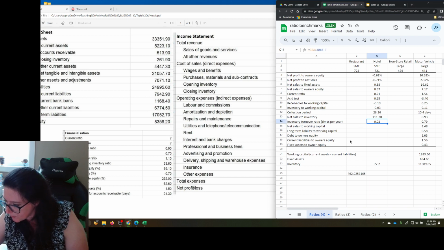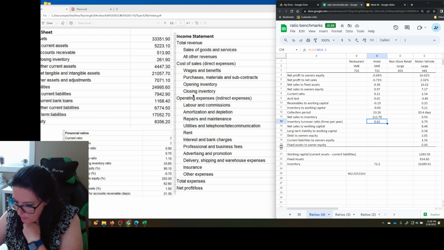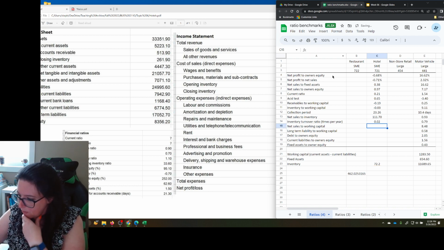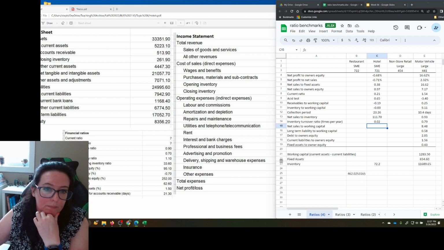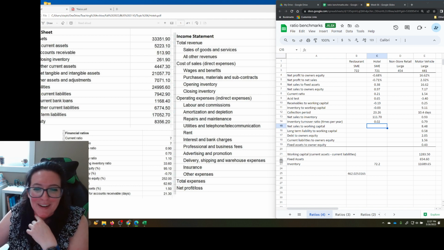All right, where did I screw up here? We have our inventory, 72.2, and we're going to get quite a low number there. Again, they don't really have inventory that needs to move.